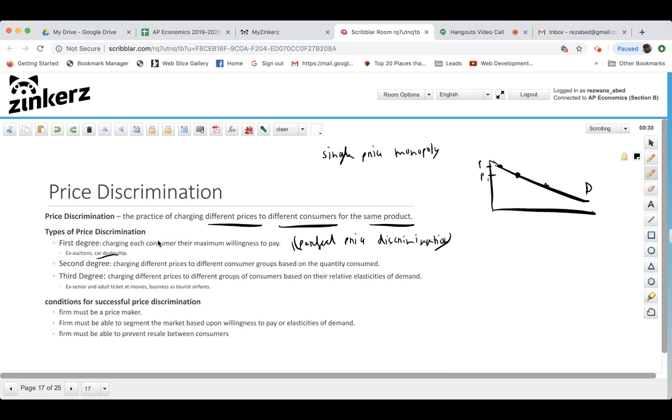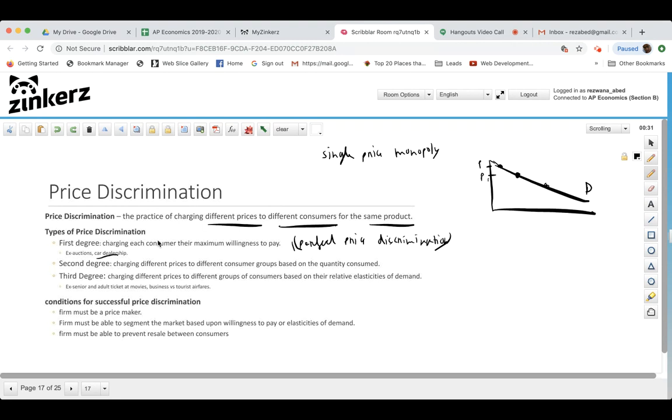The next hours, right after 100 kilowatt hours, you're going to be charged a lower price, because the idea here is that the first 100 kilowatt hours of electricity is basically essential to your living, right? But whatever quantity you buy after that, it's probably not going to be as essential. So that's how they are charging different prices based on the quantity you're consuming.